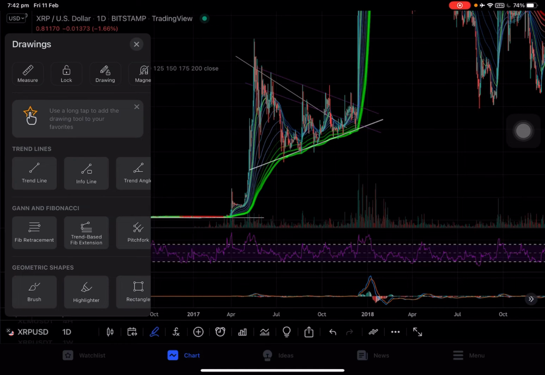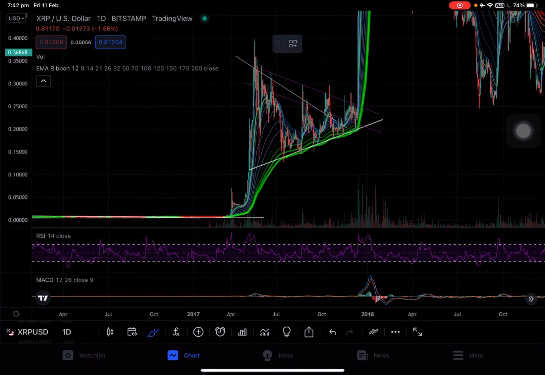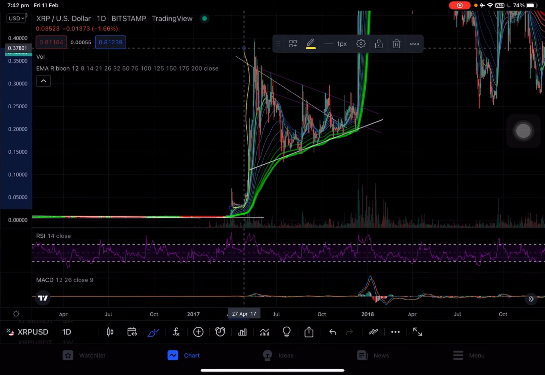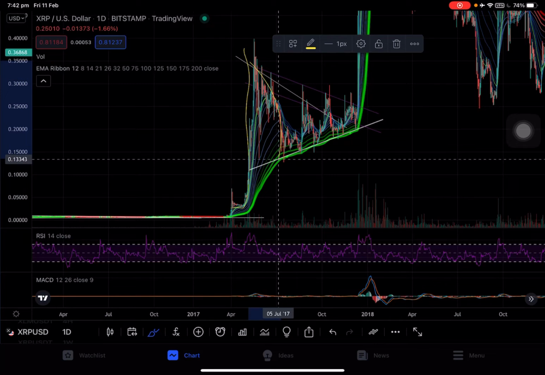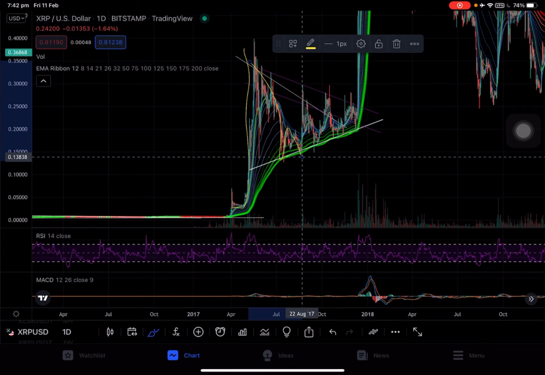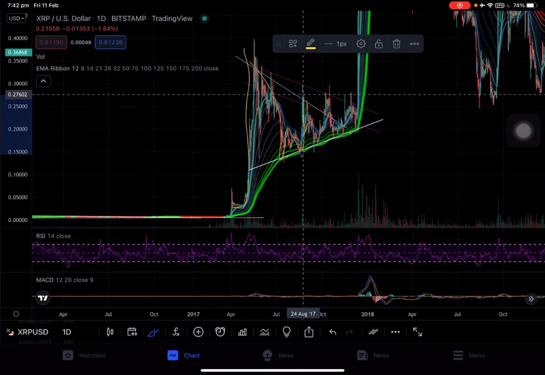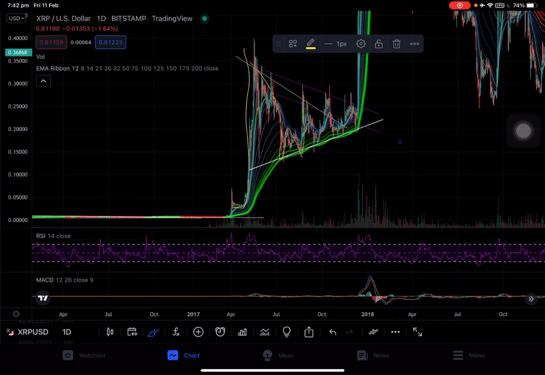I'm not going to go into super technical analysis here, but as you can see, we've done the run up, and then it bumped down, tested it, kind of M bottomed here, and then pumped up again, hit the resistance of this trend line, and that resistance made it go down again.